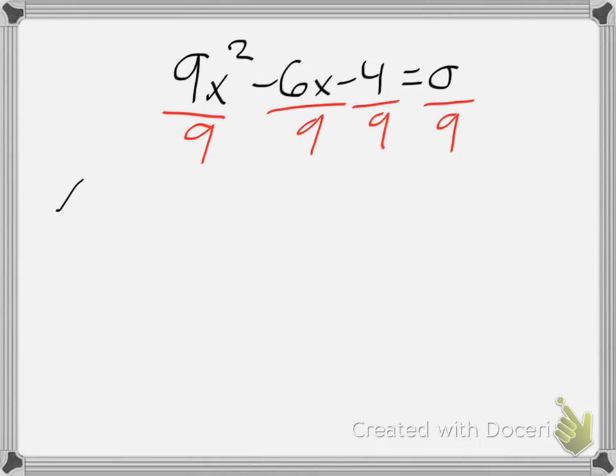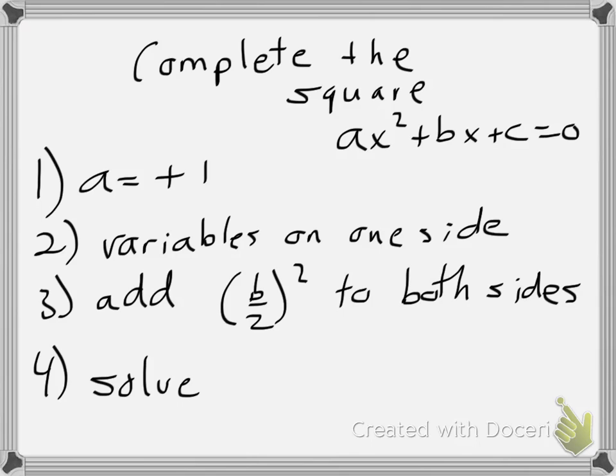So now I have x squared, and 6 over 9 reduces to 2 over 3, x minus 4/9 equals 0. Now my leading coefficient is positive 1.